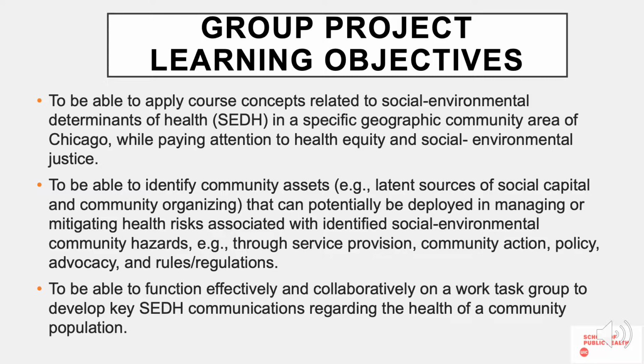Next, you'll be able to identify community assets that can potentially be deployed in managing or mitigating health risks associated with identified social, environmental, community hazards. And finally, you'll be able to function effectively and collaboratively on a work task group to develop key social and environmental determinants of health communications regarding the health of a community population.